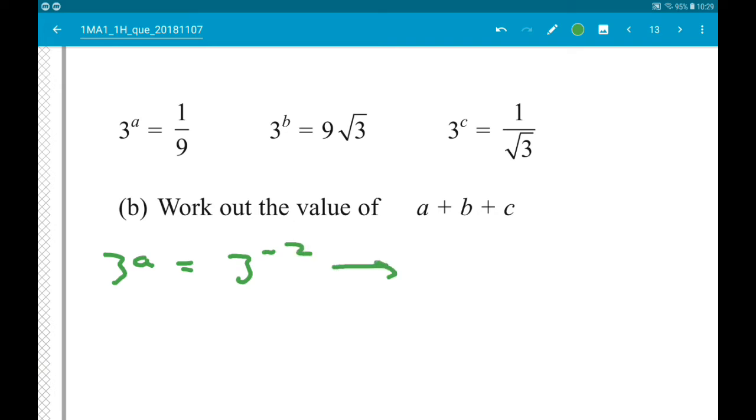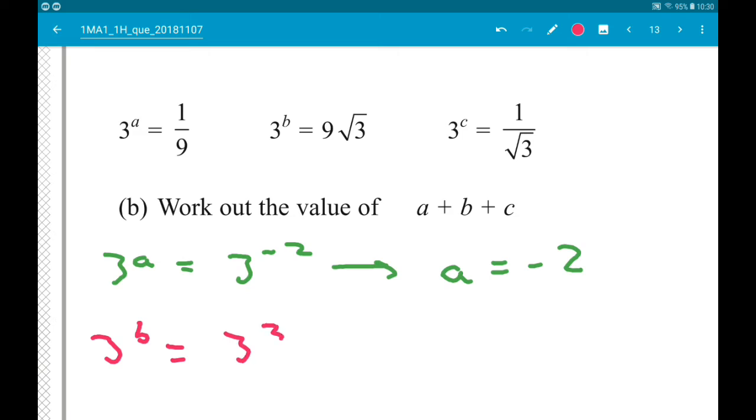So A is minus 2. 3 to the power B is 9 root 3. So 9 is 3 squared.